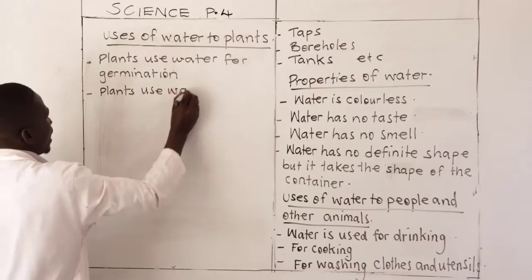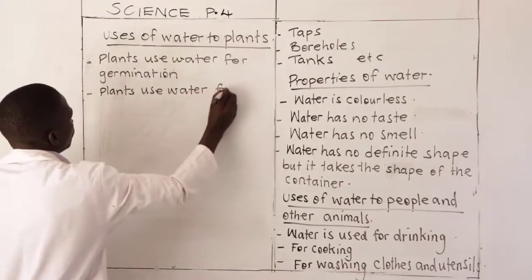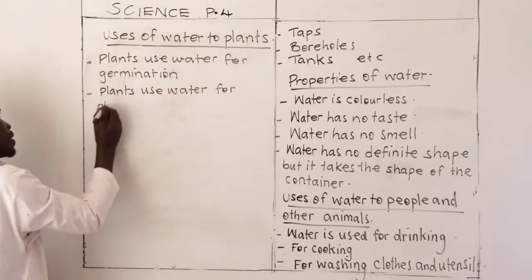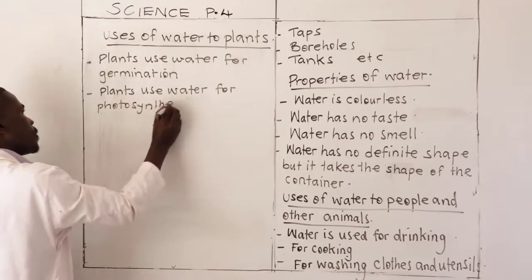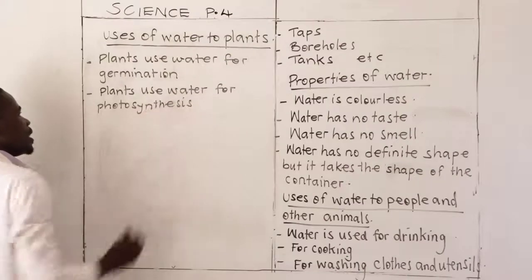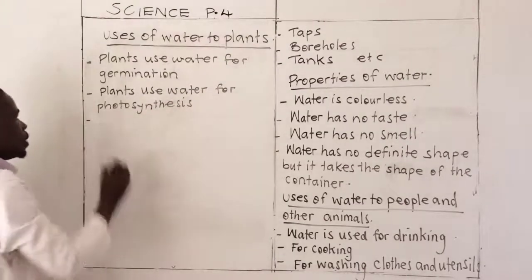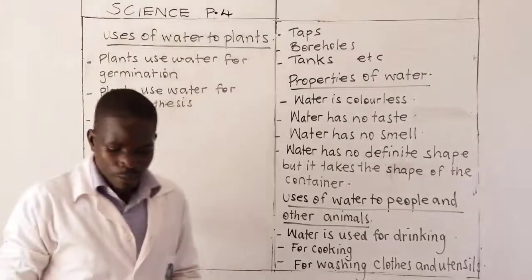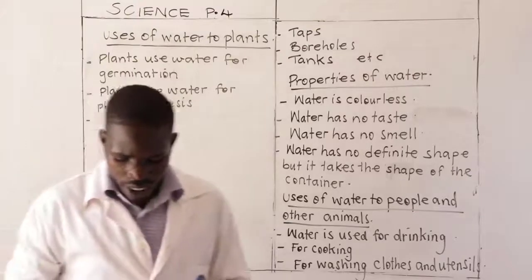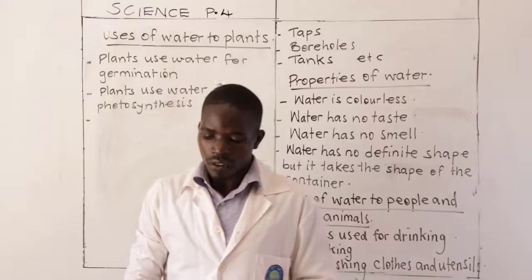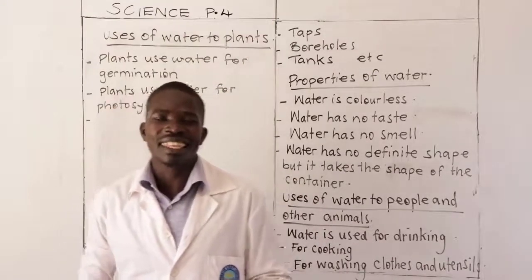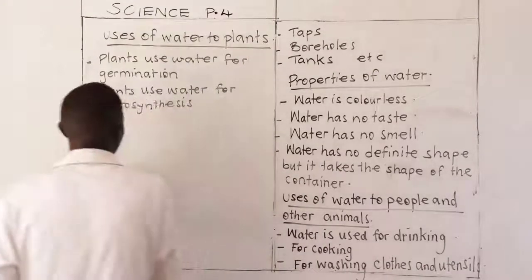Plants use water for photosynthesis. Those are two. And another one, water dissolves mineral salts for the plants. Another thing is plants use water for transpiration.